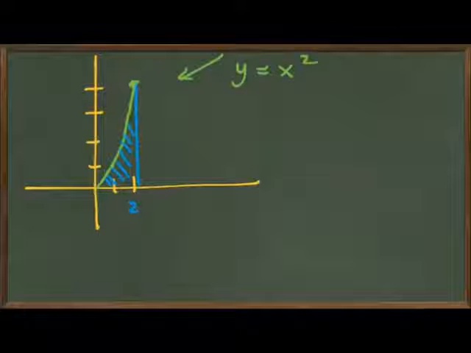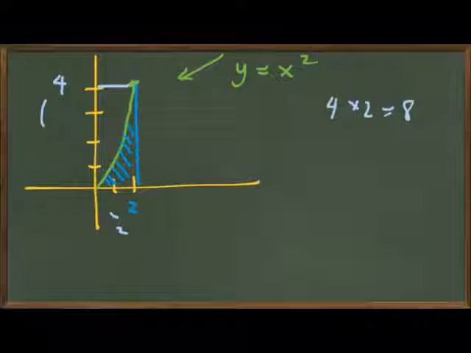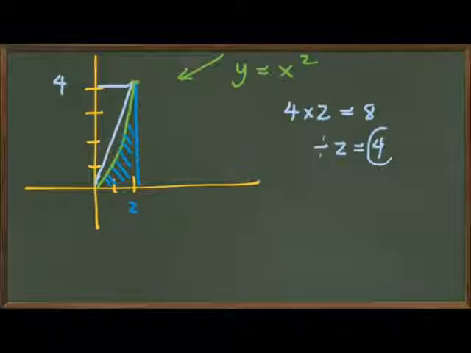And we can see that our area is quite a bit less than the area of this 4 by 2 rectangle, which would have an area of 8, and it's also less than half the area of that rectangle, which is 4, because as you can see the shading is below this diagonal line that divides the rectangle in half.